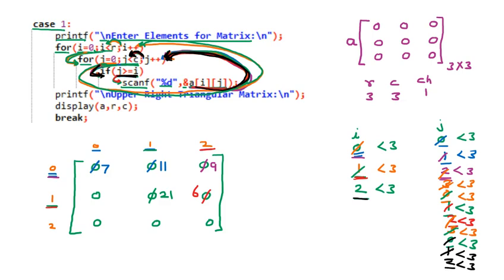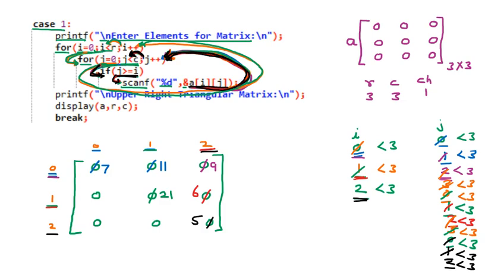Is 2 greater than or equal to 2? Yes, 2 and 2 are the same. So it will come down and the scanf part will run for a[i][j]. So a[2][2], this 2 and this 2. We are taking the input from the user. Let us suppose 5. So this 5 we have taken. Now afterward, again increment. So it is going back.